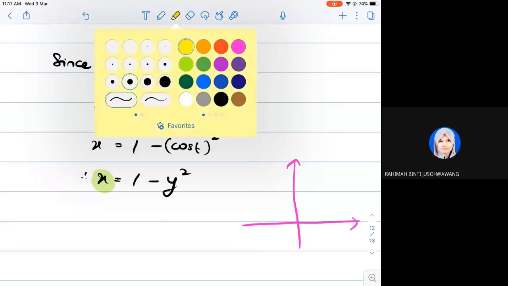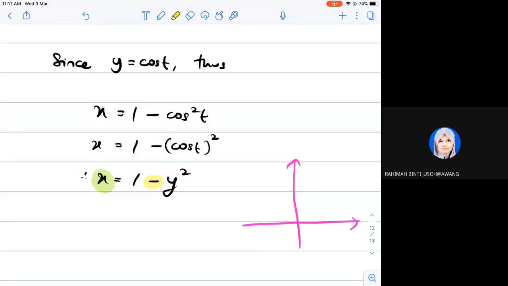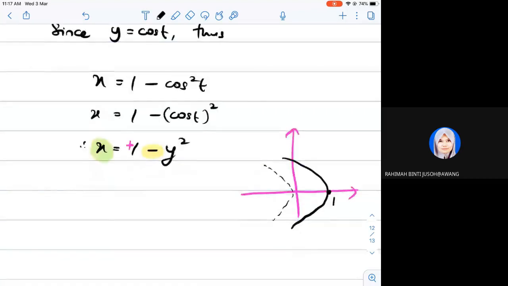Okay, X subjek, ini negatif kan? So dia ke kiri. Okay, tapi dia tambah satu. Tambah satu ni. So bila dia tambah satu, dia sebenarnya macam ni. Ke kiri. Tapi dia plus 1. So bila plus 1 dia macam ni. Betul. Okay, understand? Okay, now for this question, okay guys, saya nak padam dulu ni.